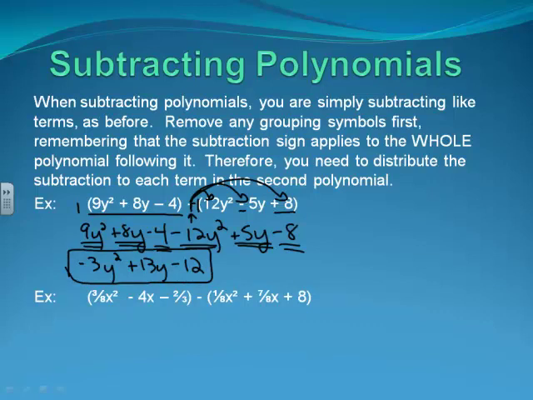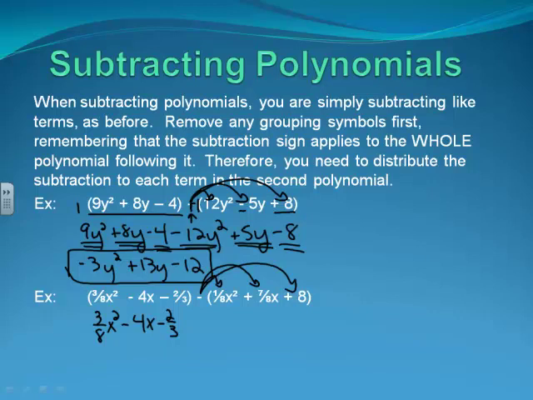Okay, now this problem, which we did as an addition problem, the only thing that's changed here is now we put subtraction between the two polynomials. The first polynomial you can just rewrite. There's nothing out in front other than an understood 1, and so you can just drop the parentheses.